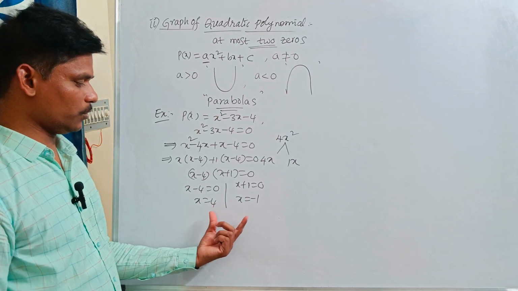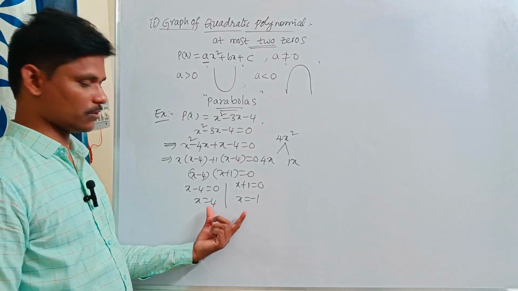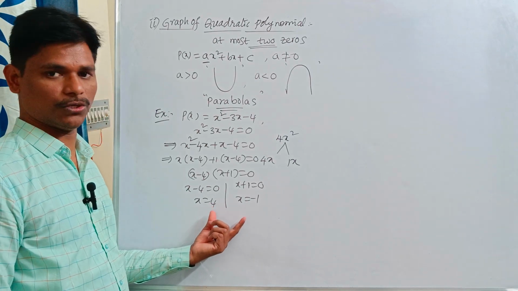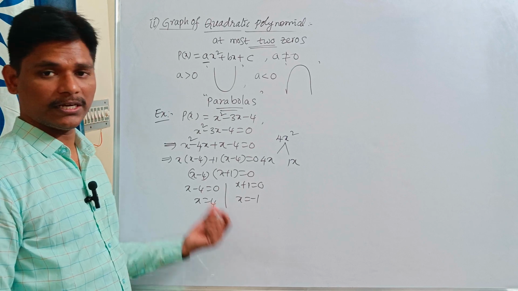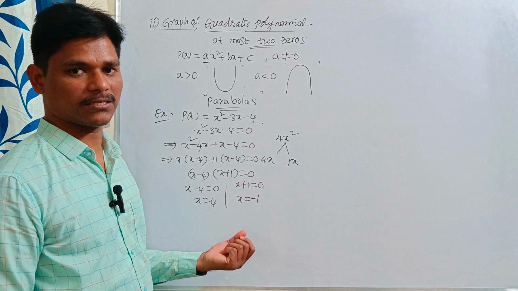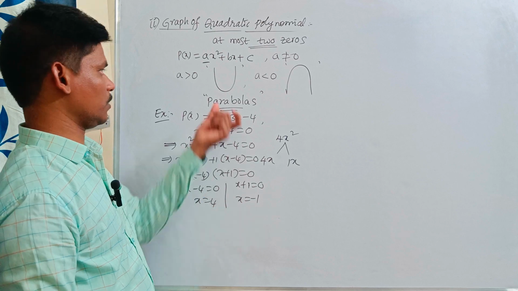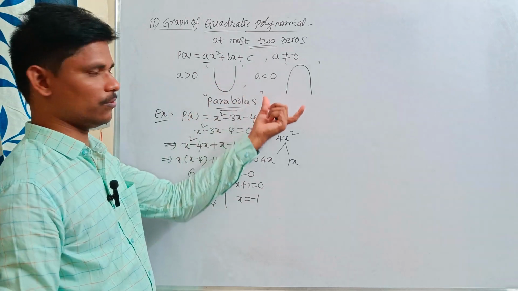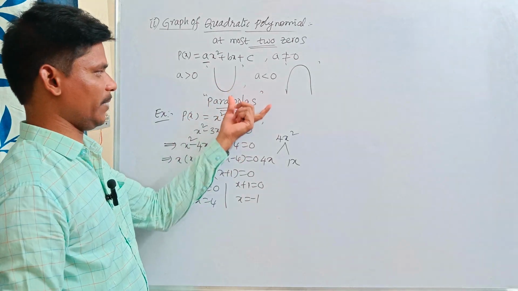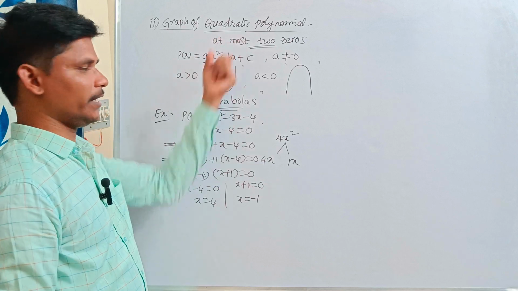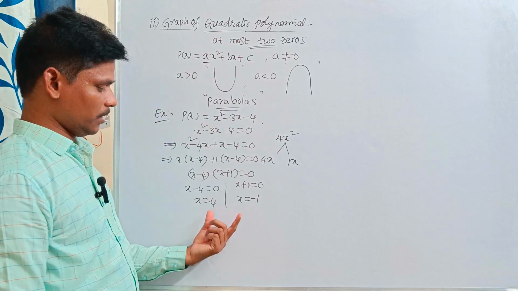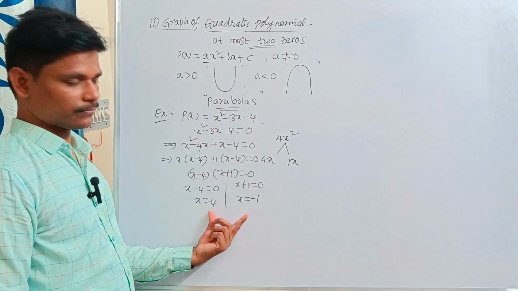See here the two x coordinates. Two x coordinates means at most two zeros. These two zeros are where the graph intersects the x axis. Like the shape of this one, it opens upwards or opens downwards. Those are the parabola shapes of the quadratic polynomial. See here two zeros.